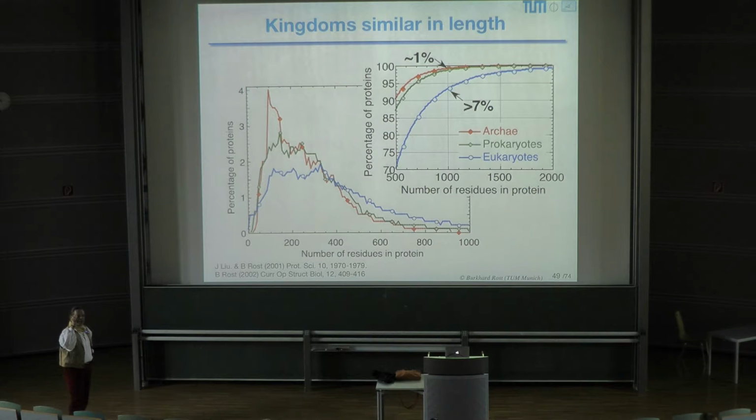One way of looking at my answer to you is, in fact, prokaryotes are a little bit shorter. You may see a little bit of a movement of green toward the left, but not really. The median, the averages, in fact, are exactly the same. There's some tendency here that the very, very long proteins, the proteins with very, very many domains, are more in eukaryotes.